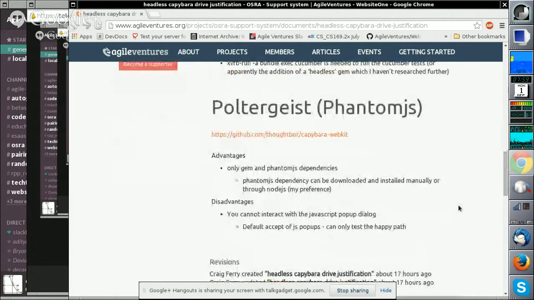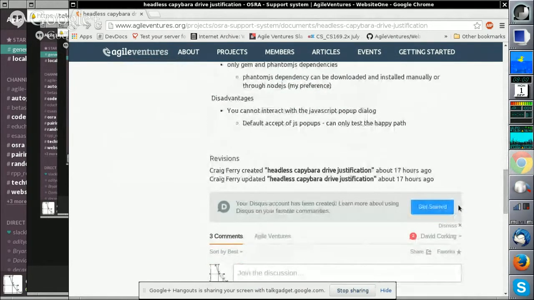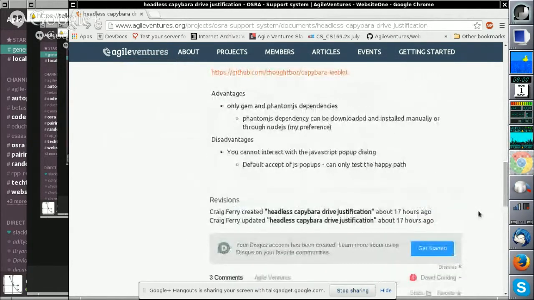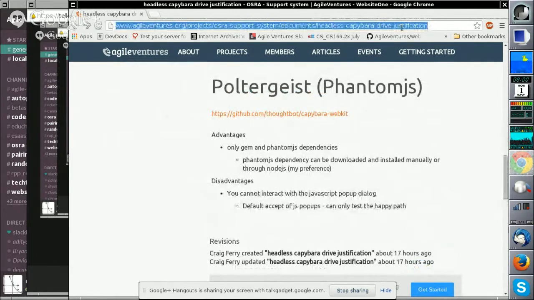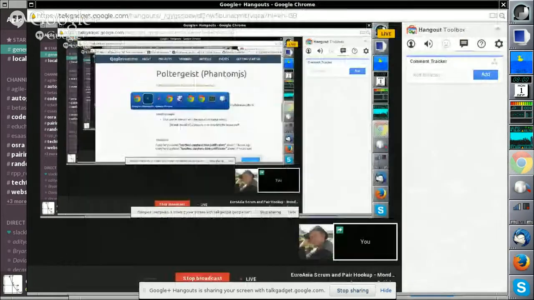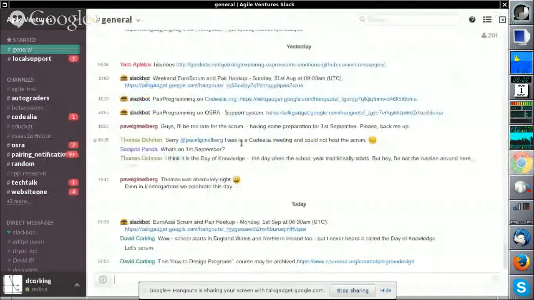You may as well be using Kubuntu. It seems a lot to me. But if Phantom.js didn't just test the happy path, it would be a done deal as far as I was concerned. Yeah, any feedback would be greatly appreciated on that.